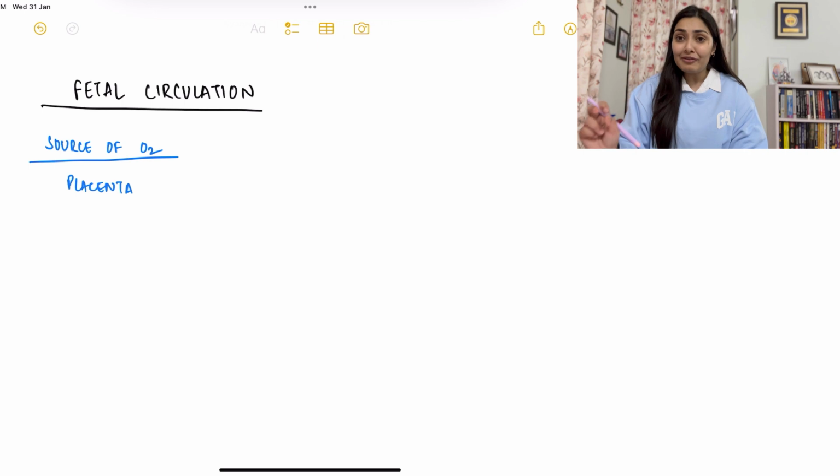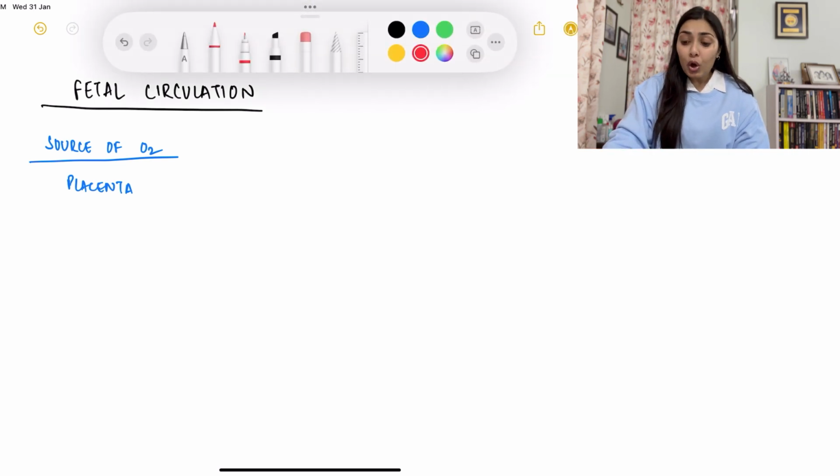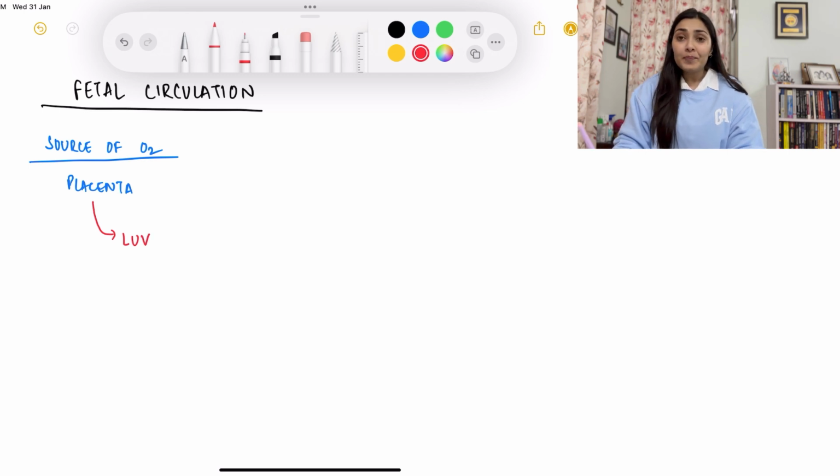The umbilical cord has two umbilical arteries and one umbilical vein, that is the left umbilical vein. So this oxygenated blood from the placenta travels through the left umbilical vein and is now going to reach the fetus.